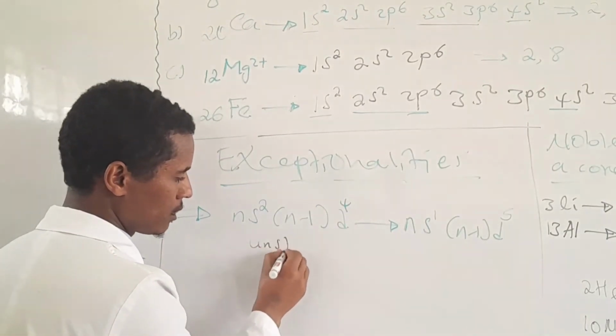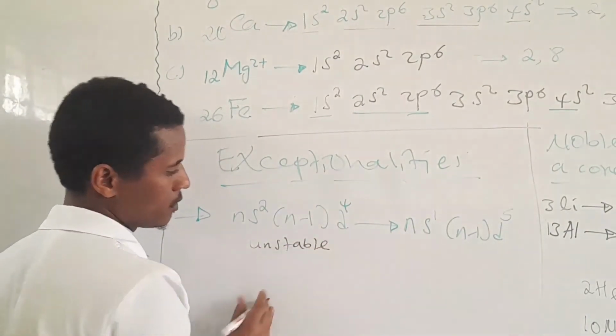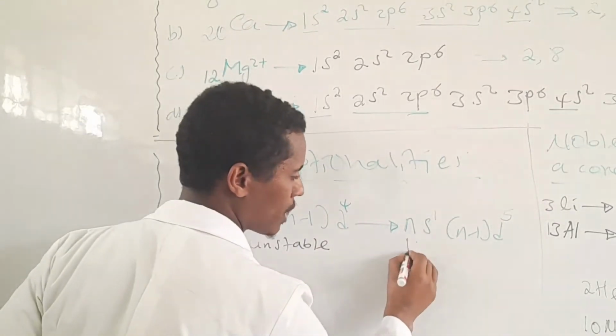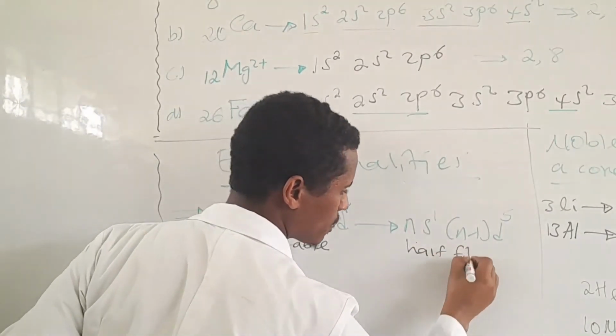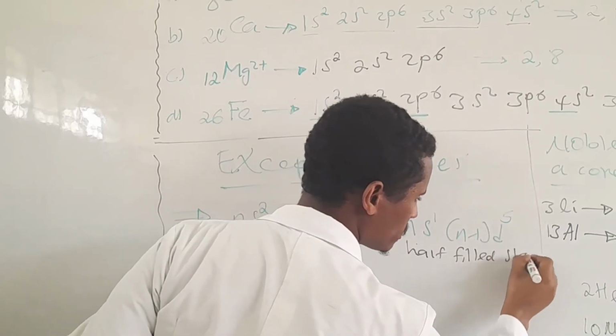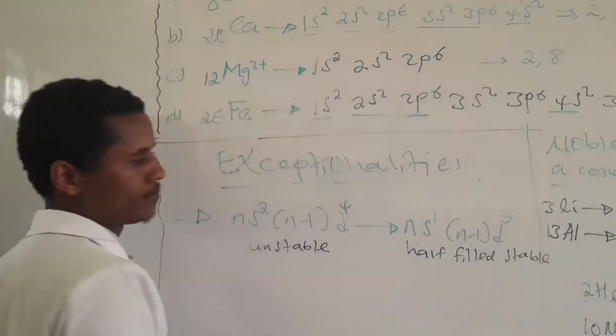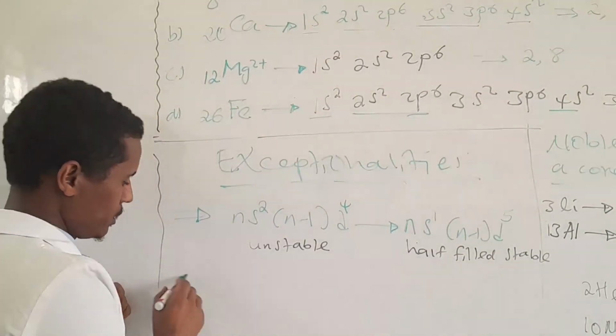Unstable. What about the second? What we call half-filled stable. Half-filled stable.